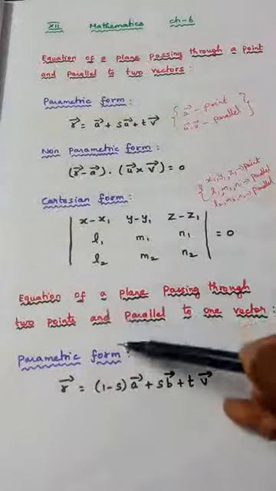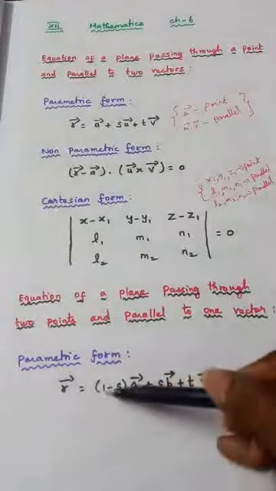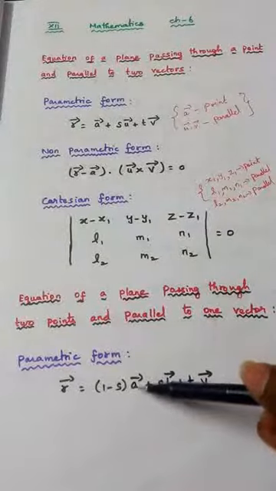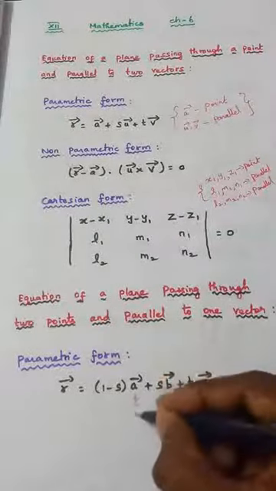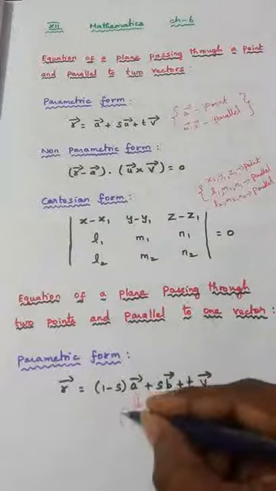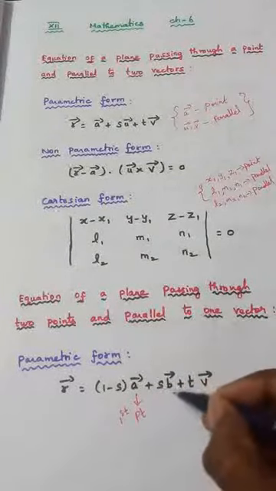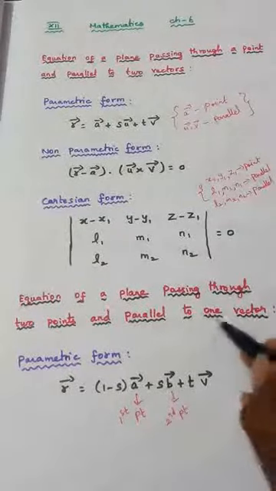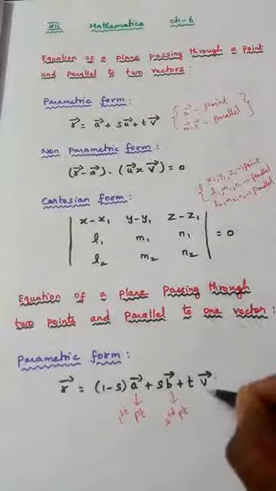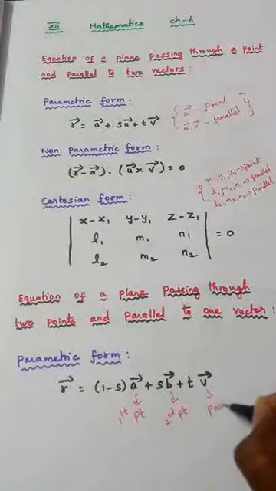Again, parametric form: r vector is equal to (1 minus s) a vector. A vector means it is the first point, plus s b vector. B vector is the second point. One parallel vector is given, so we call it v vector, the parallel vector.